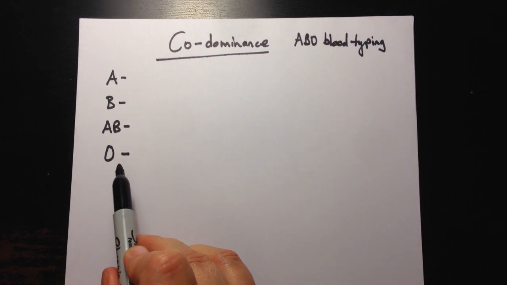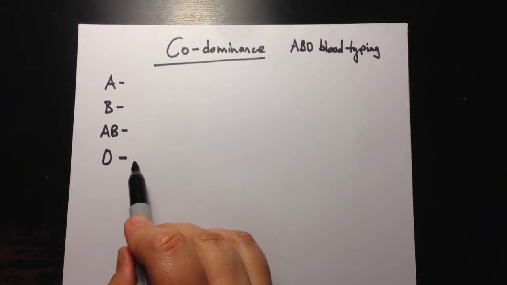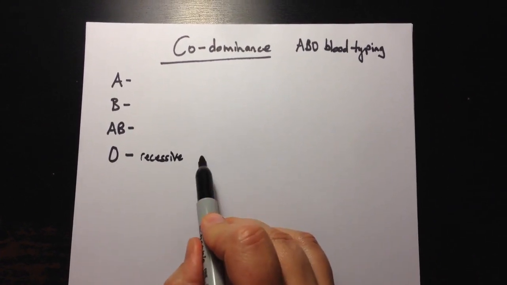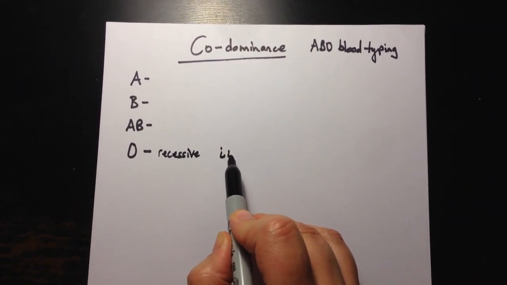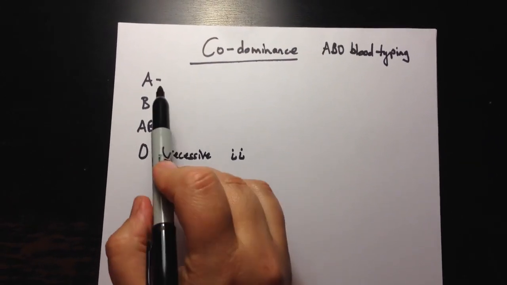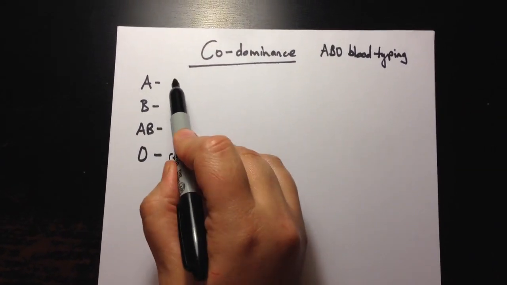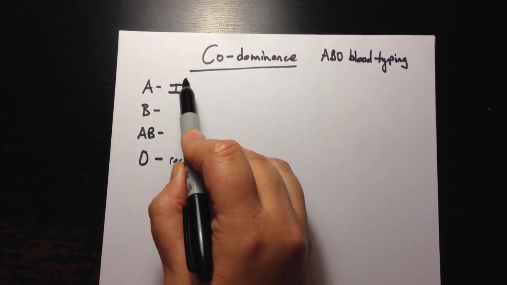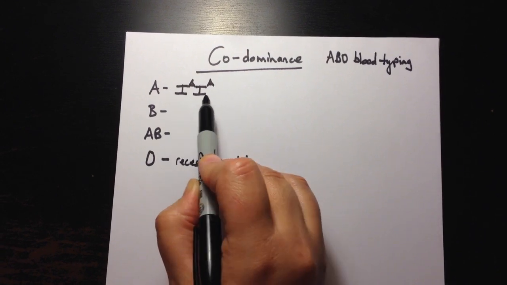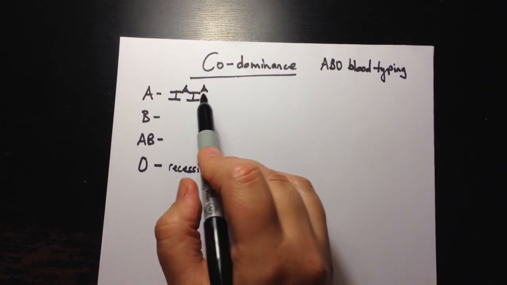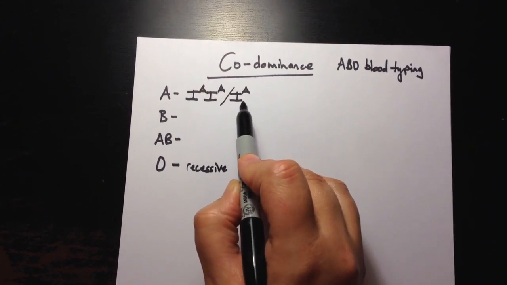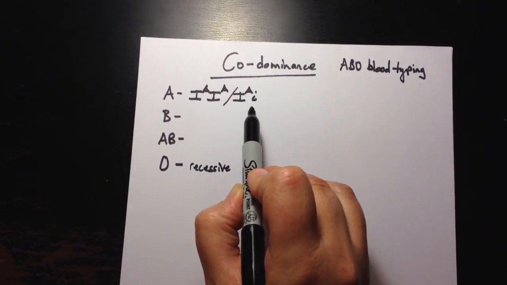Blood type O is the most common blood type, but it is actually the recessive alleles that we find in type O. And that's why we write this with a little i, because of that recessiveness. In type A blood, we write the genotype for that blood as I^A, because it is a dominant allele, two of them, or we can have this type of type A blood, one dominant allele with one recessive allele.